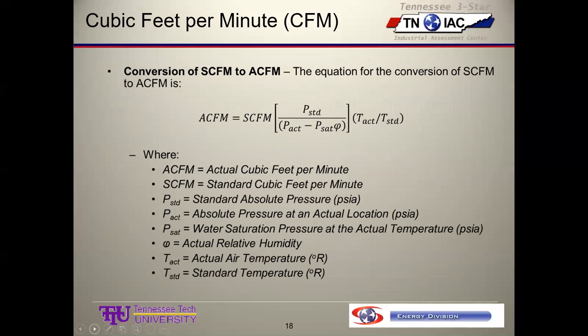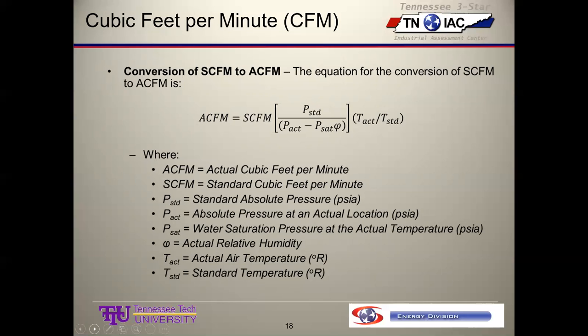Conversion: we have equations kind of out of your thermo or your fluids. Let's say you have a standard CFM and you want to calculate an actual cubic feet per minute based on some actual condition, you can use this. Or if you had an actual, then you can solve this equation to convert to a standard.